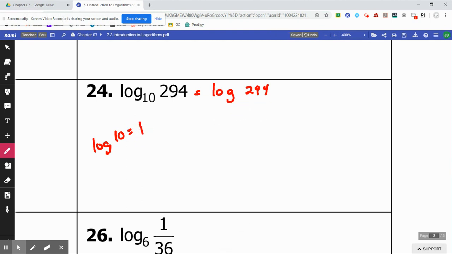Well, the reason why is because base 10, log base 10 of 294 is the same thing as log of 294. You don't have to change bases because your calculator can do base 10s. When you type this in, you should get 2.4683. So 10 to that power is equal to 294.